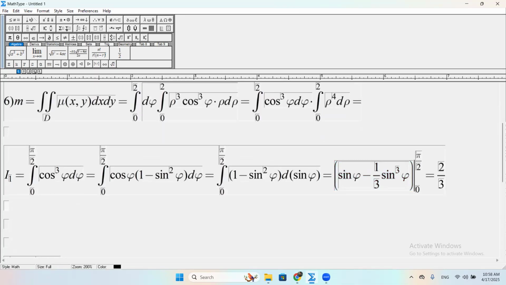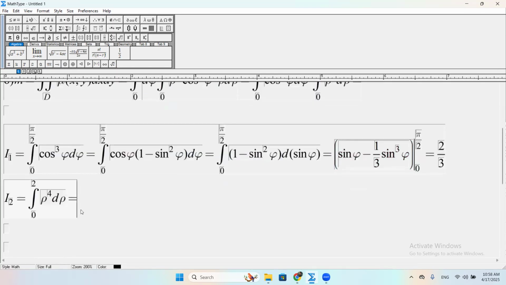And then the second integral, this one. It is even easier: 1 over 5 rho to the power of 5 with substitutions from 0 to 2.